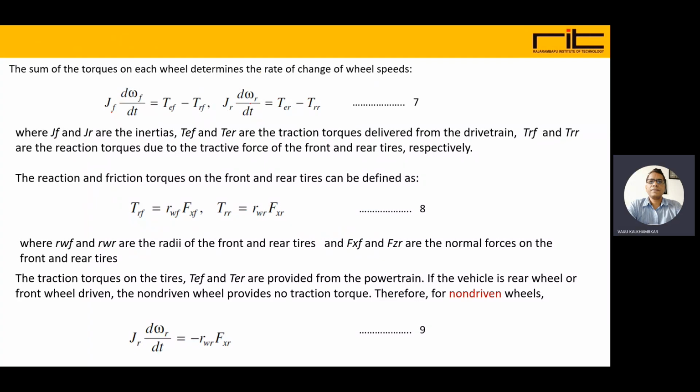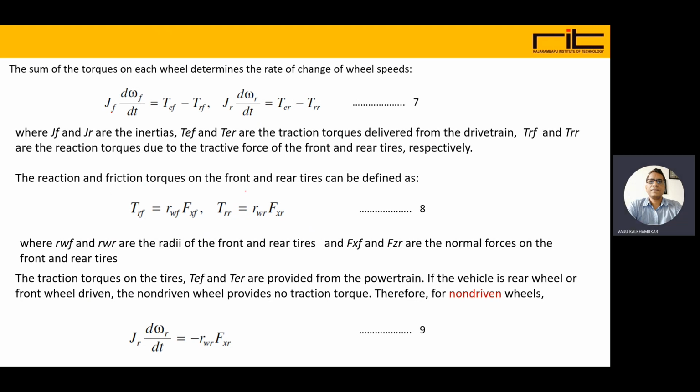Similarly, Jr d omega r by dt, that is the rear wheel, equals Ter minus Trr, where one is the reaction torque and another is the traction torque, which is applied by the engine.